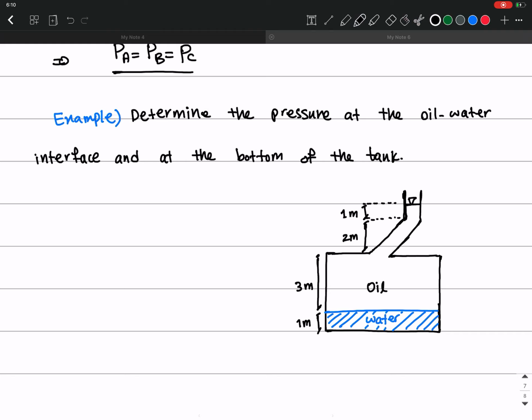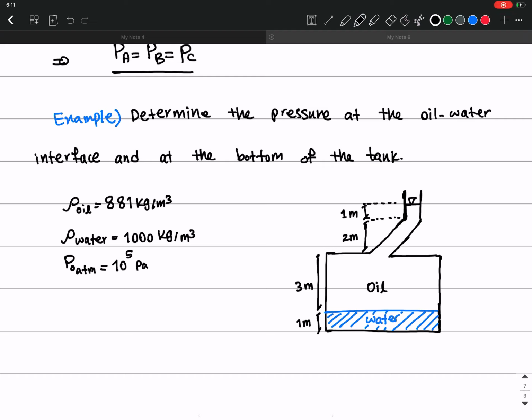The density of oil is given as 881 kilograms per meter cubed. The density of water is given as 1,000 kilograms per meter cubed. And the atmospheric pressure, P0, is 10 to the 5 Pascal.